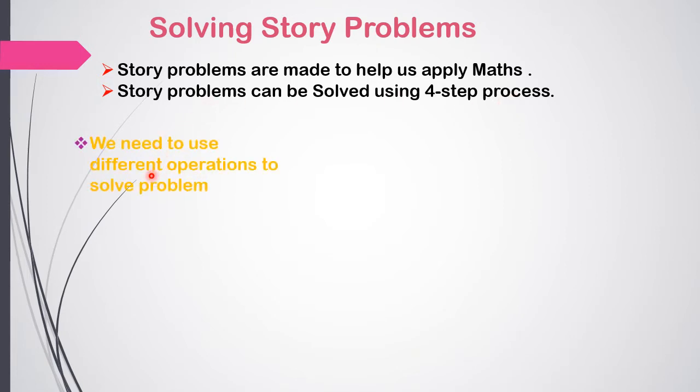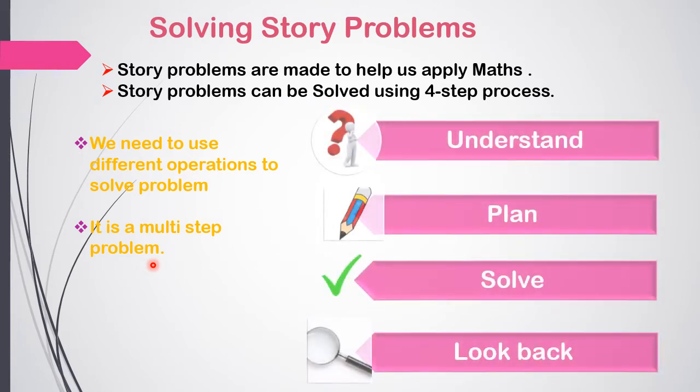We need to use different operations to solve a problem. Already I told you operations are nothing but addition, subtraction, multiplication, division. In each sum we have to use different operations. Then it is a multi-step problem. Multi means many.